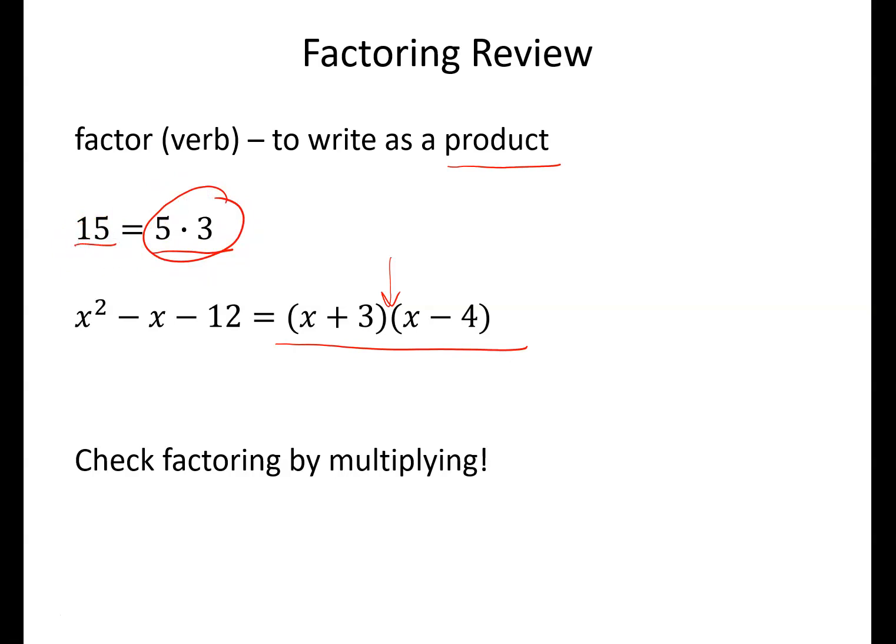So that also works with polynomials. If I were to multiply x plus 3 times x minus 4, it would equal the answer x squared minus x minus 12. And I'll show you how to do that multiplication as we work some other examples in case you have forgotten.